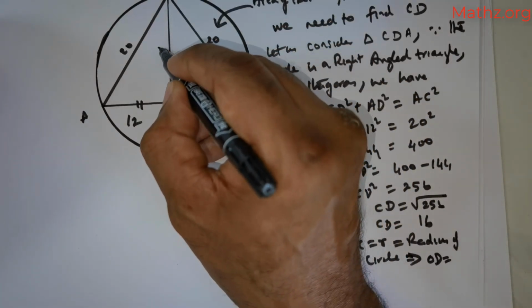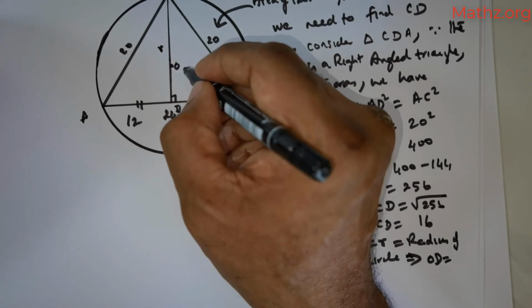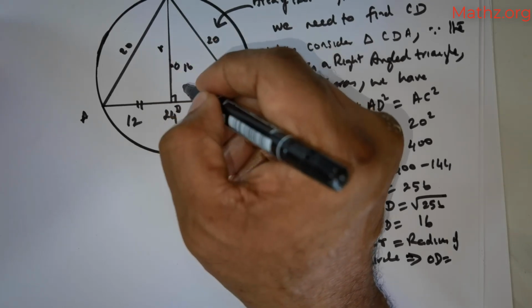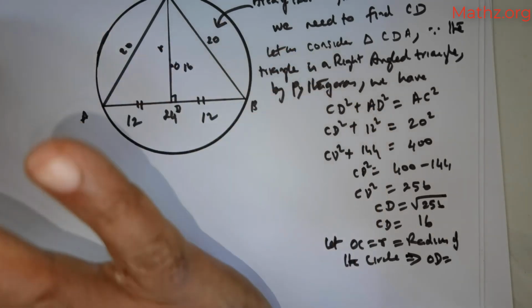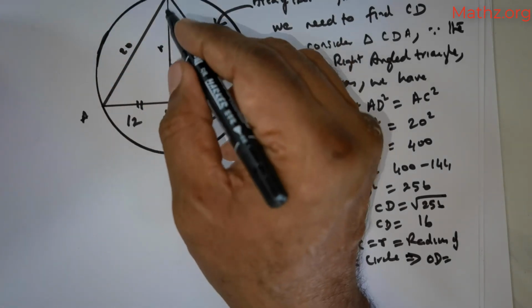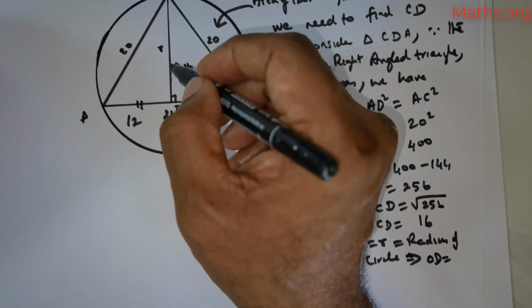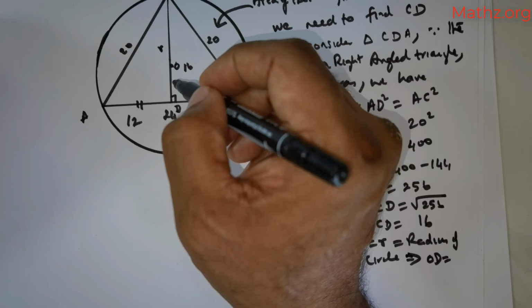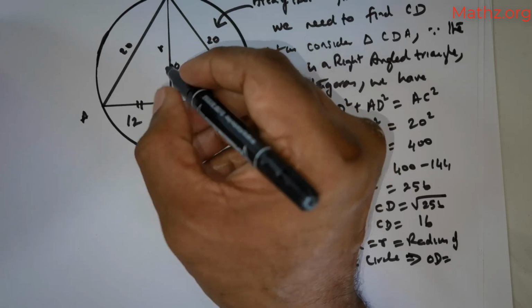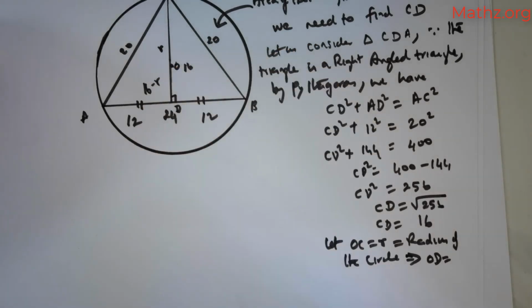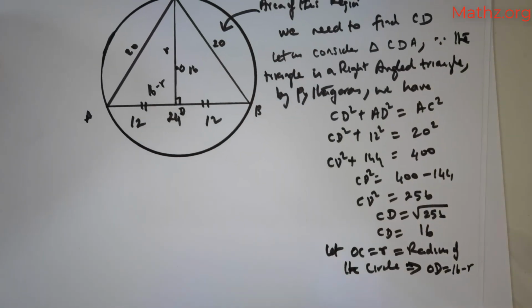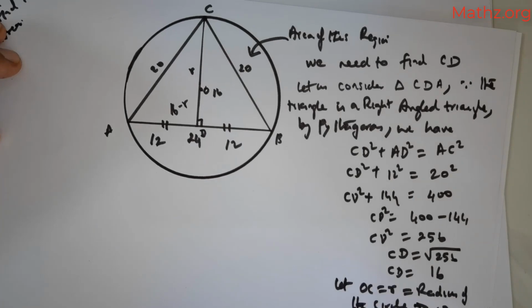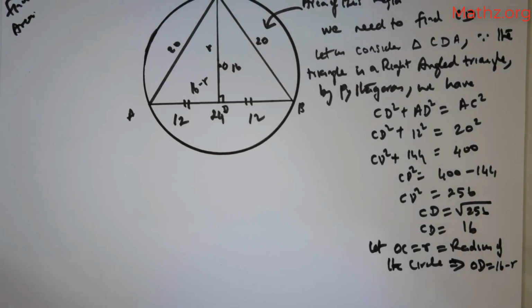I'm taking this to be R. This entire length is 16 units. So from 16 units, I have to take away R units. If I were to take away R units, this would be 16 minus R. So OD is equal to 16 minus R. Okay, so we have got that OD.